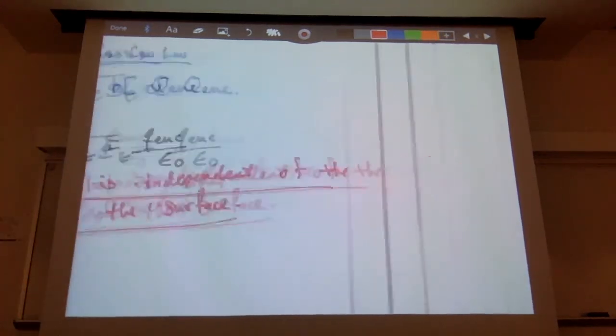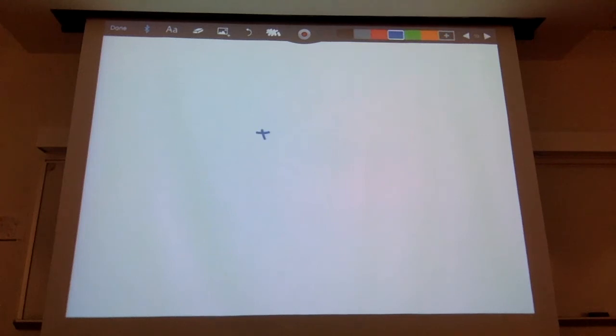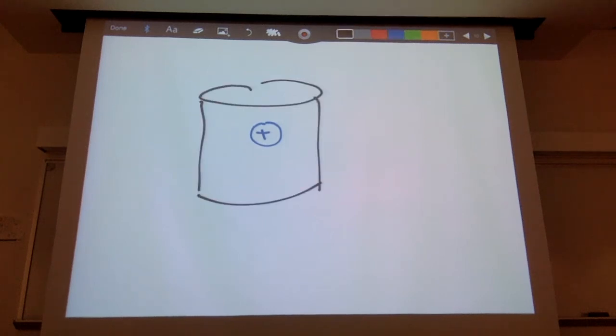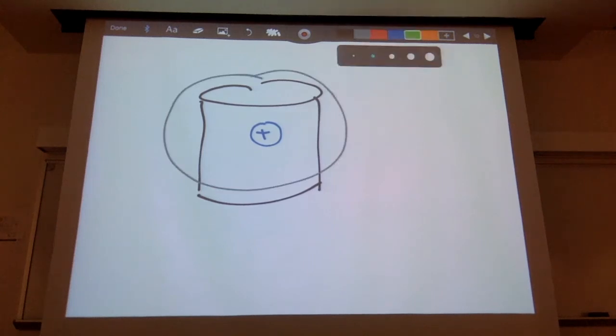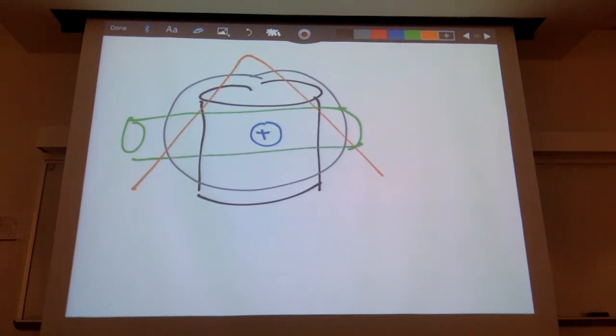This is a big deal because, let's say I have a single point charge sitting here. What Gauss's law says then is that if I draw this shape around it versus this shape around it versus this shape around it versus this shape around it, the flux through all of those different shapes is identically the same.